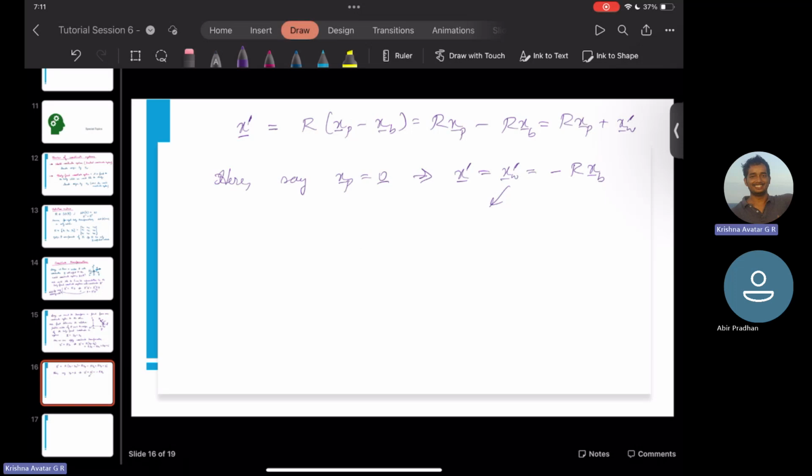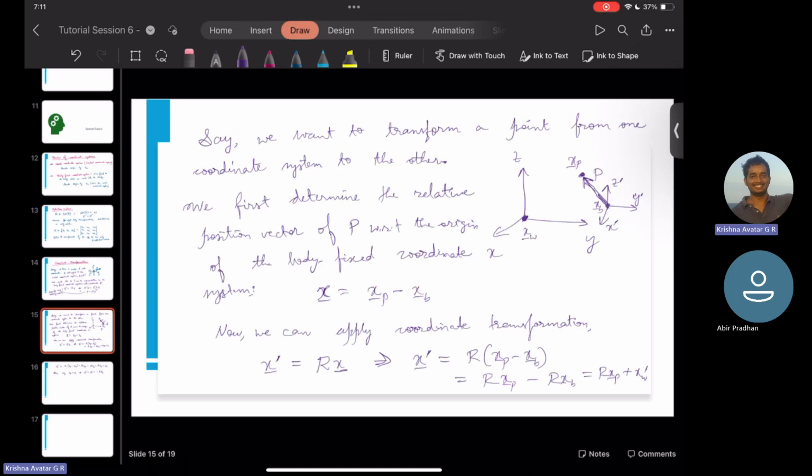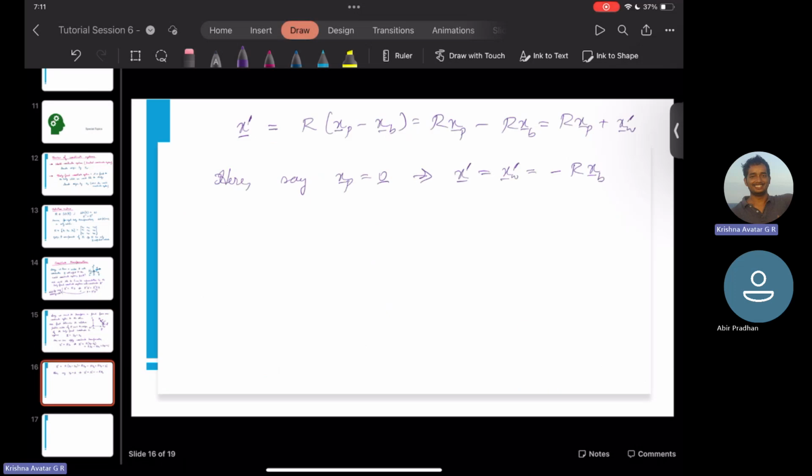So the representation of the origin of XB, so if XB happens to be some 0 point here, then XW prime is the representation of the origin of the world coordinate in terms of the body fixed coordinate system. That's what this implies, right?